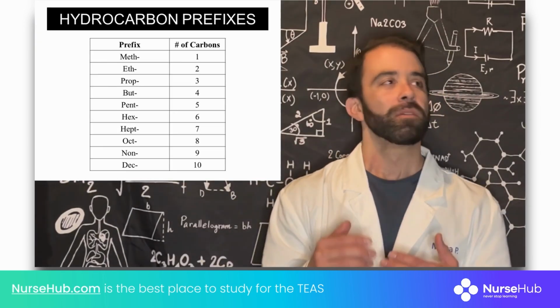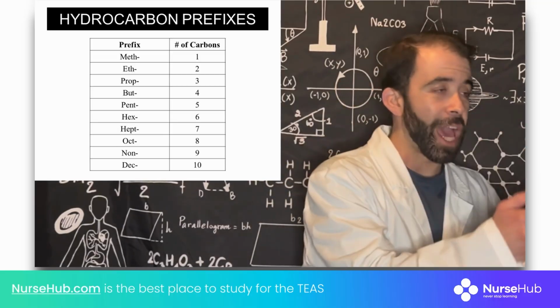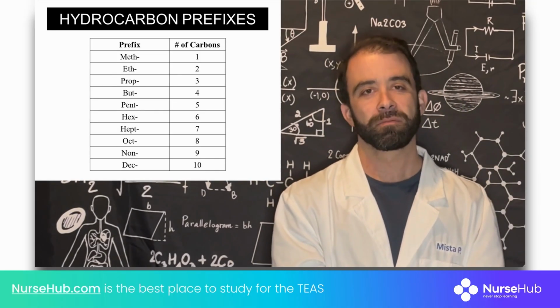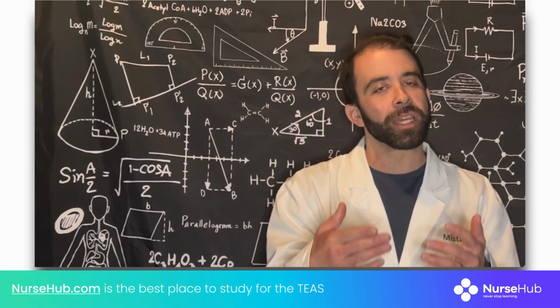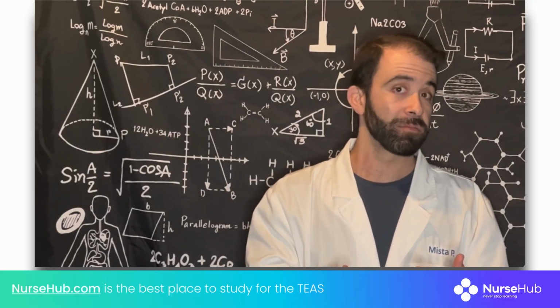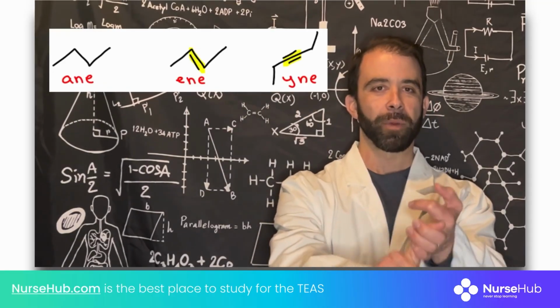All right, as an example, meth, 1 carbon. Eth, 2 carbons. Prop, 3 carbons, and so on. Now, the ending of that compound is going to be how many bonds those carbons are making in that chain. So there's 1, 2, or 3 bonds.